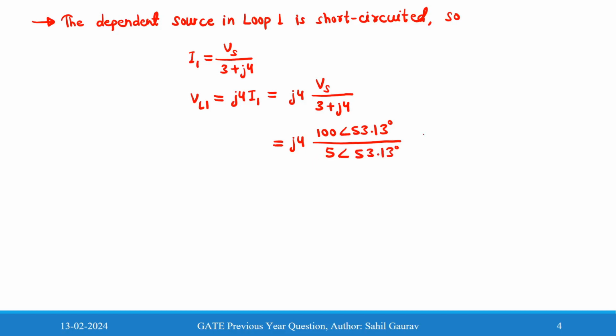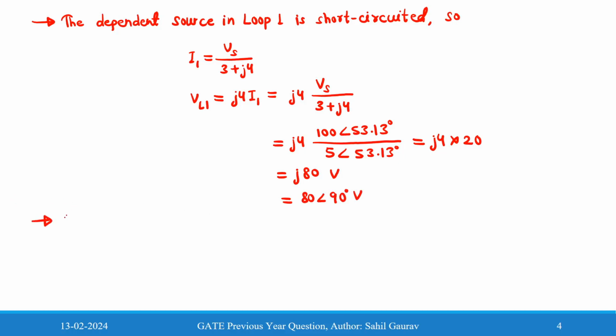So the angles will cancel, and it will become J4 into 20 times. So it becomes J80 volt, that is 80 at the angle of 90 degree volt.